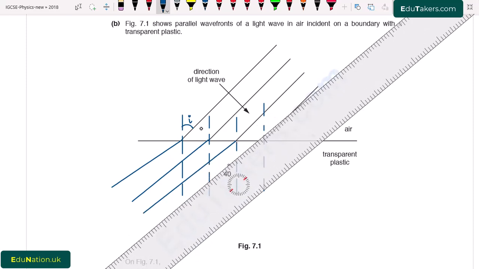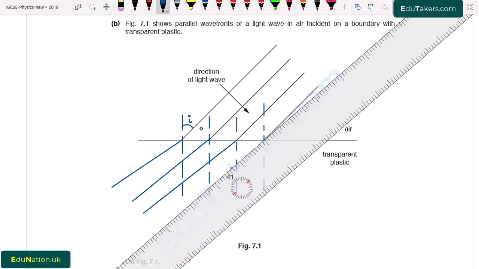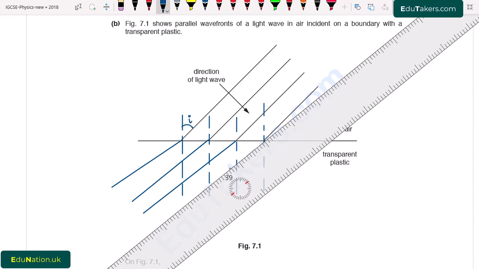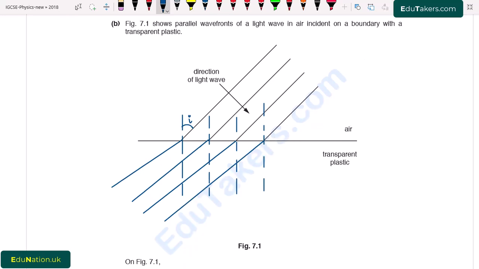And all of these refracted rays must be parallel to each other. So these are coming from air into transparent plastic.